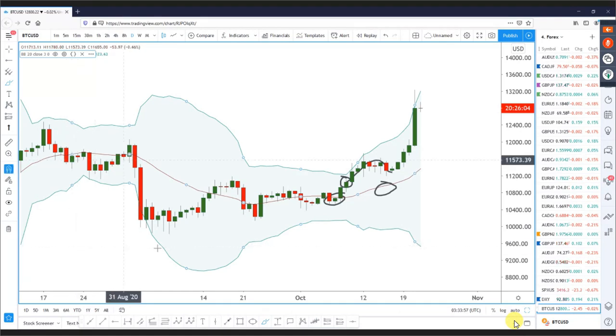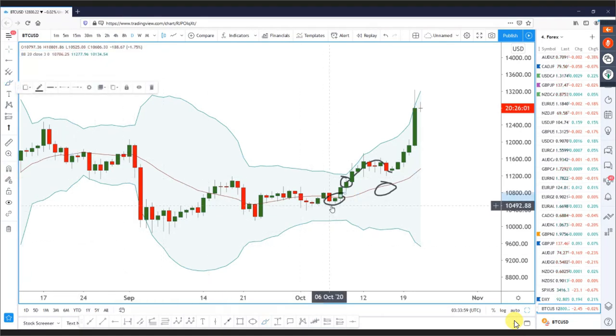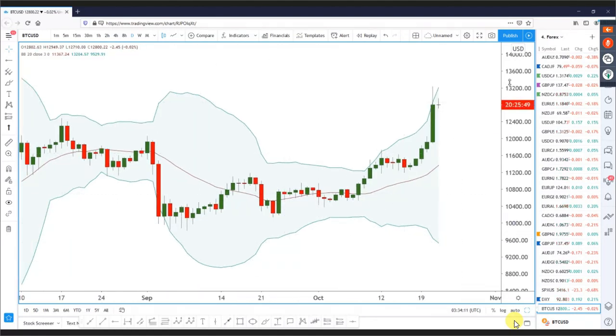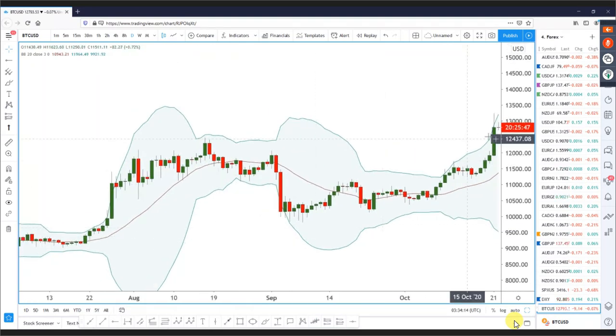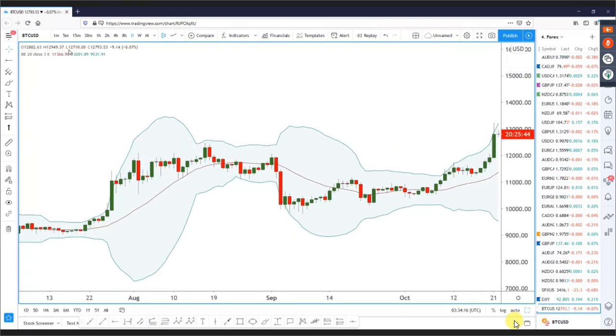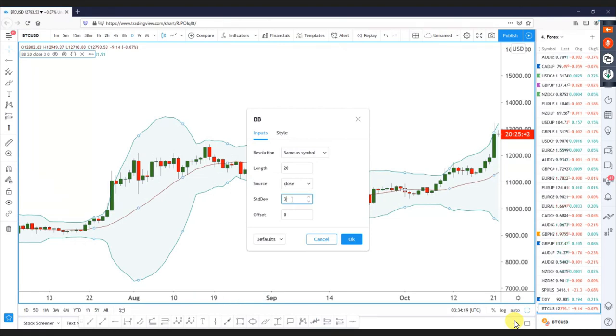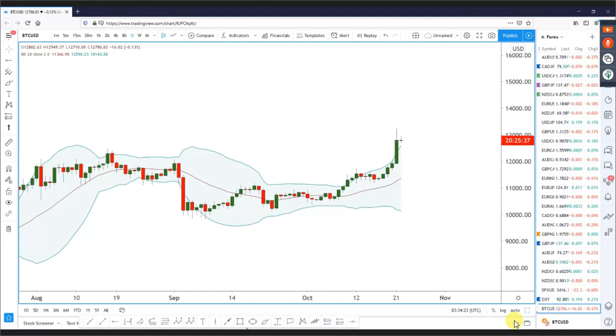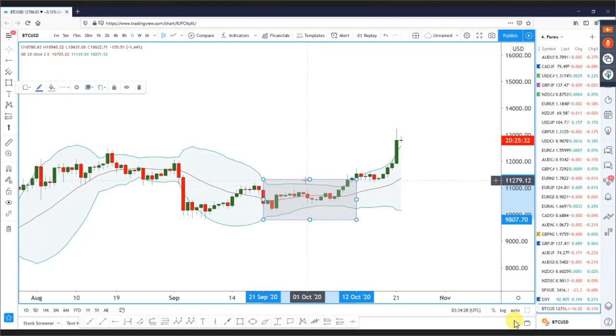Then you might have a bit more profit. So I see some of you guys actually use the Bollinger Bands. That's really good. So if I change it back to 2, let's see if there's any squeeze. Yeah. It was coming pretty close.